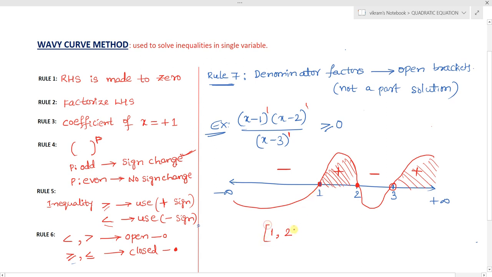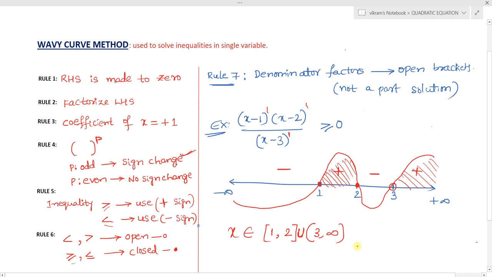The other one is 3 to infinity: infinity is always open, and 3 is the denominator factor, so it is not in the solution and is also open. Use a union between these two. Then x belongs to the closed interval [1, 2] union the open interval (3, infinity).